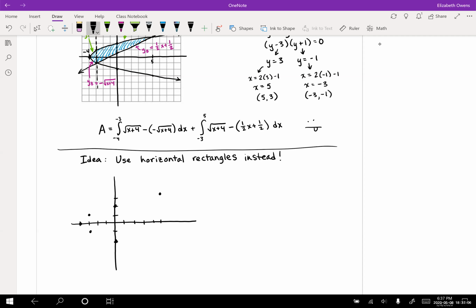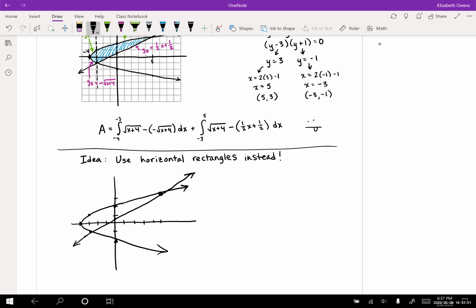But good practice, I guess, graphing horizontal things very quickly. So there's our parabola basically, and then our line goes through 1/2, basically like that. Pretend those are intersecting at 5, 3 right there.